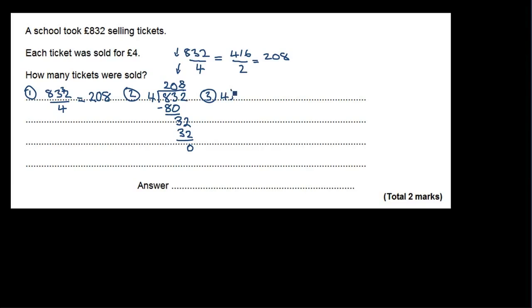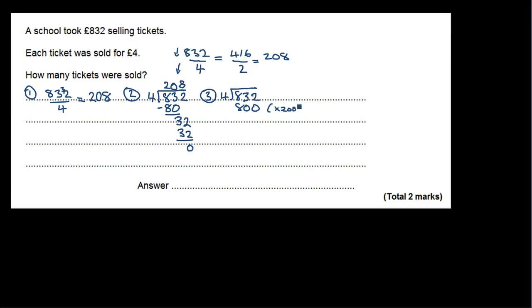Third method would be partial quotients, so we'll have a go at that. 4 into the 832 again. So 832, we've got to find a multiple of 4 that will get us into this problem. Well, we know that 4 times, let's see, 4 times 200, we could probably go for straight away. 4 times 200 will give us 800.